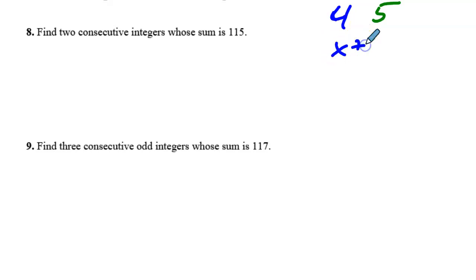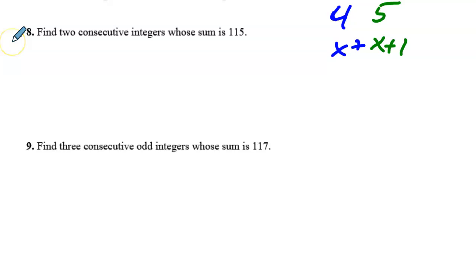Then the second integer is going to be 4 plus 1, or x plus 1. That's the way of thinking of 2 consecutive integers, x and x plus 1.